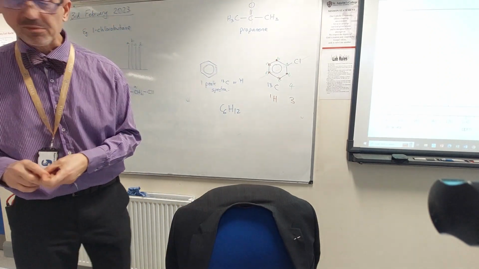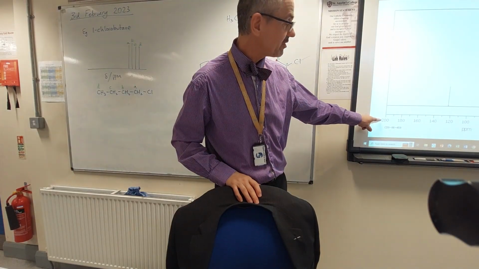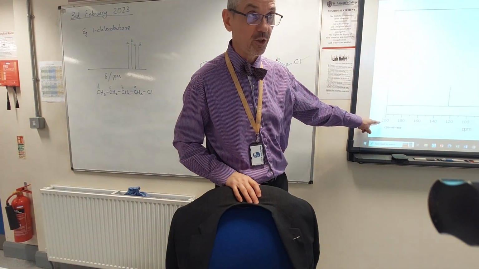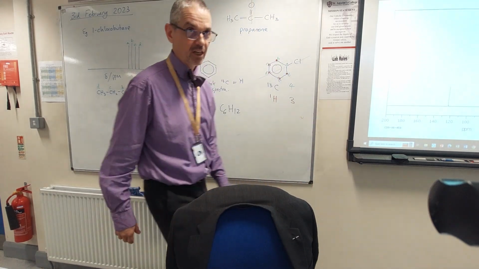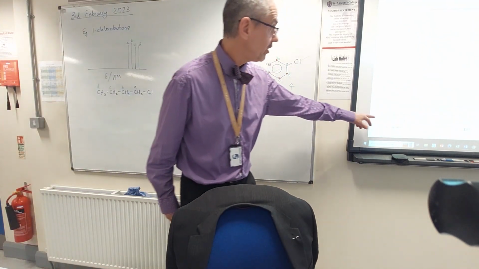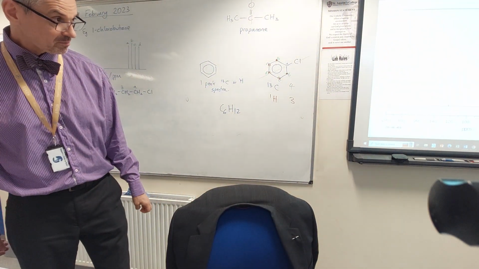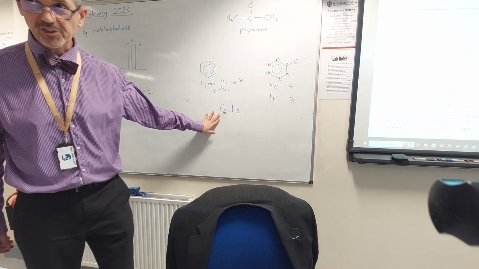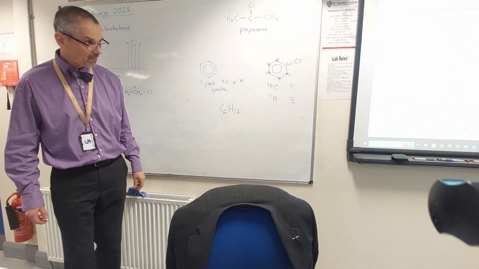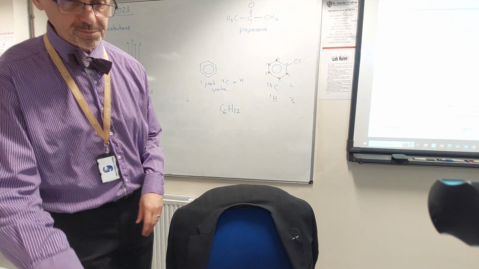And this is a carbon spectra. You can tell the difference between carbon and proton, by the way, by the chemical shift. Carbon 13 goes up to about 200. Proton spectra goes up to about 11 or 12. So if it's going up to 200, it has to be a chemical shift for carbon. So that's carbon 13 NMR for C6H12. Just have a think, draw some structures. We've got 2 peaks, one of them at around about 120 something.